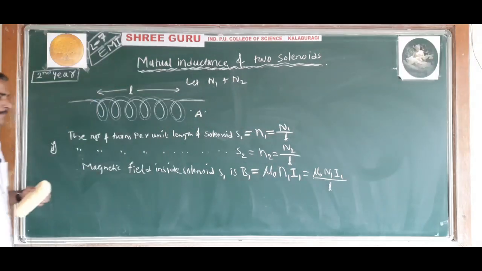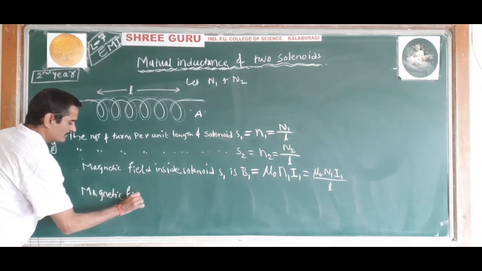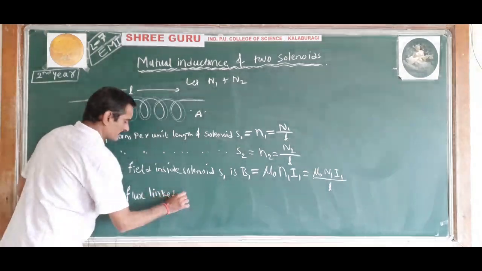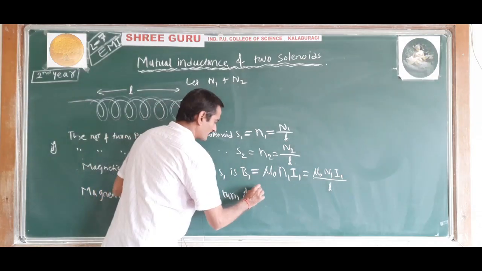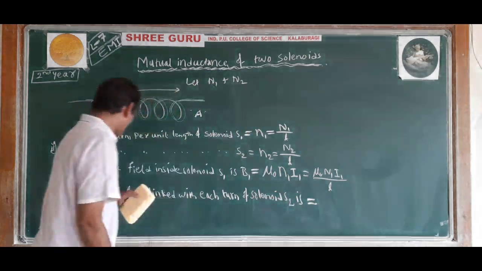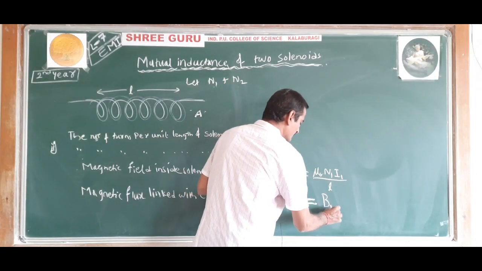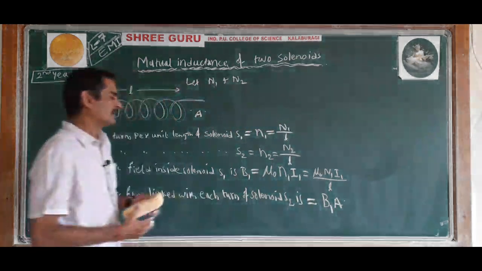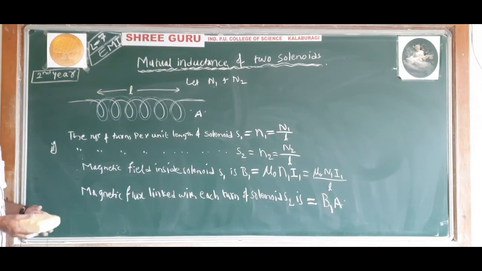Okay. So now the magnetic flux linked with each turn of solenoid S2 is B1 into A. Because of the magnetic field in the first solenoid, there will be a magnetic flux linked with the second solenoid.